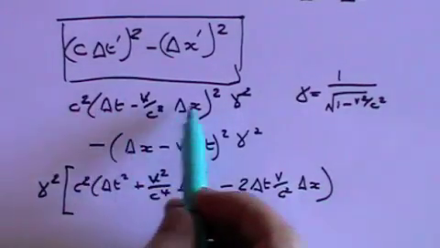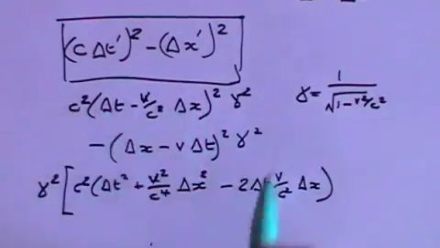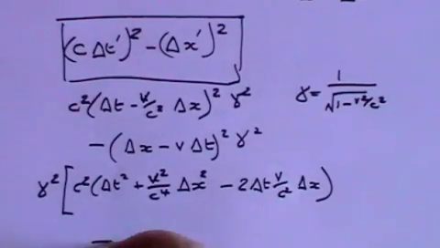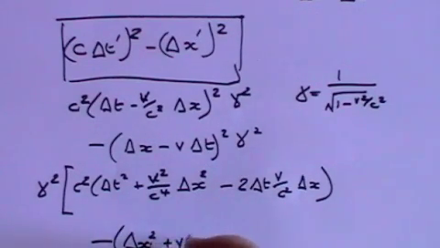That's just multiplying out that term. Now we have to take away this term here, so let's multiply that out: delta x squared plus v squared delta t squared minus 2 delta x v delta t.